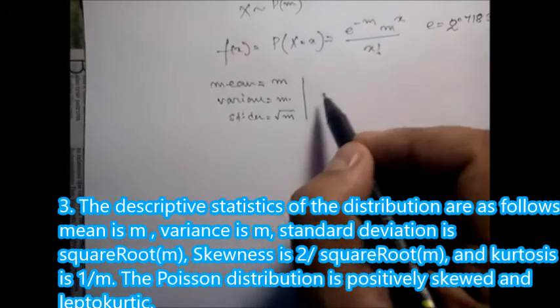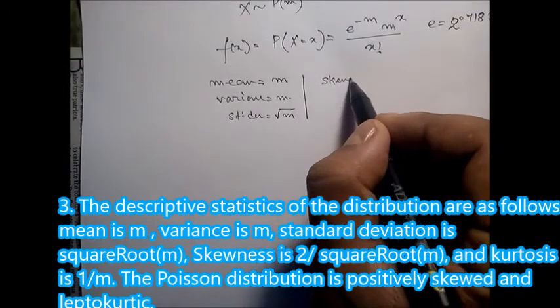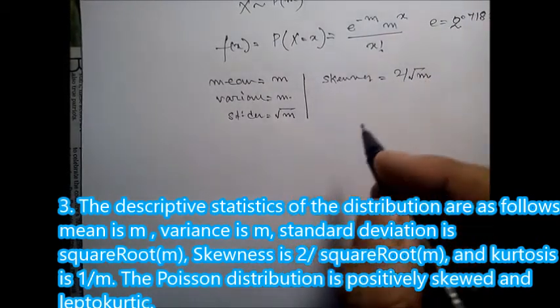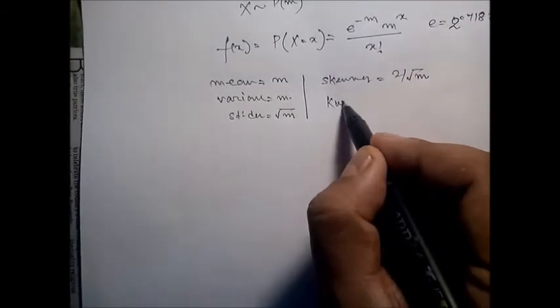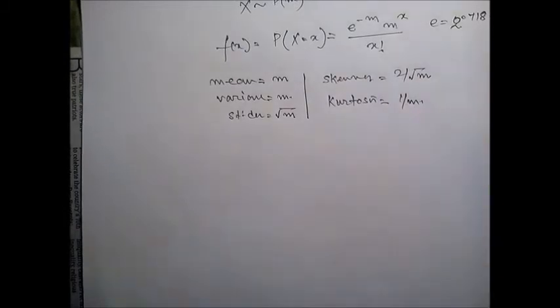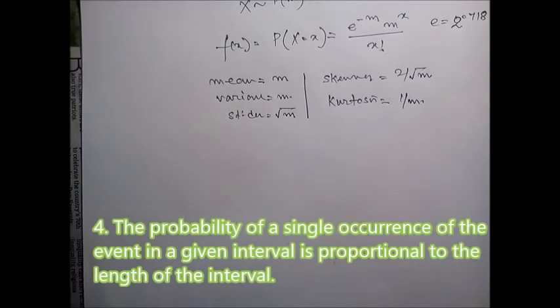Skewness is 2 by square root of m, and kurtosis is 1 by m. That is, the Poisson distribution is positively skewed and leptokurtic.